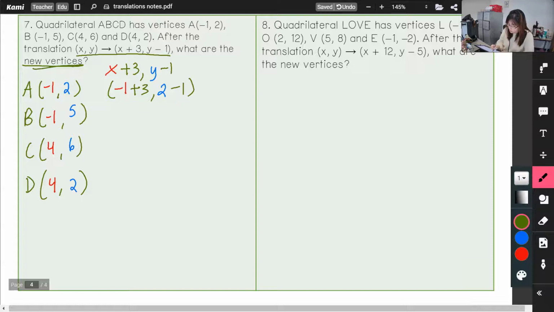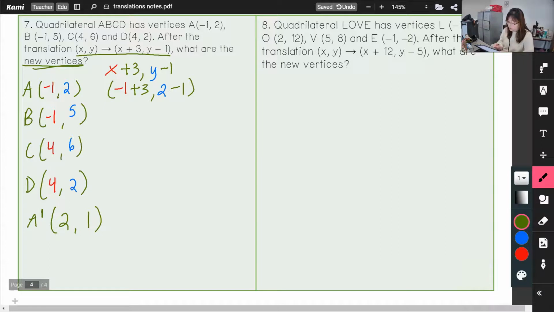So then we get a prime by doing this math. -1 plus 3 is 2. 2 minus 1 is 1. So A prime, and don't forget this prime mark, A prime is (2, 1). So after we transformed this, we moved it to the right 3 and down 1, these are the new coordinates, at least for A.